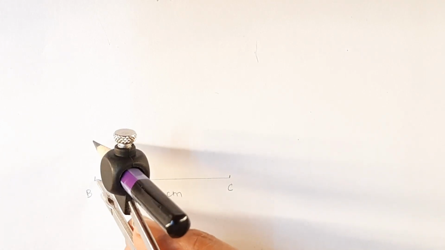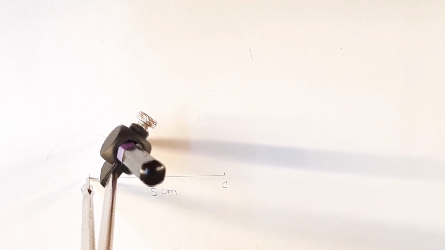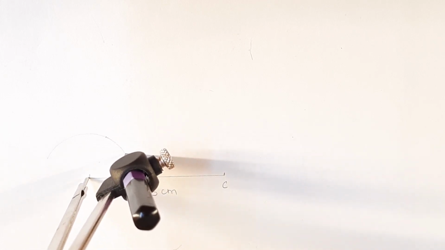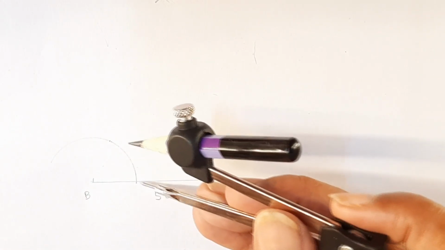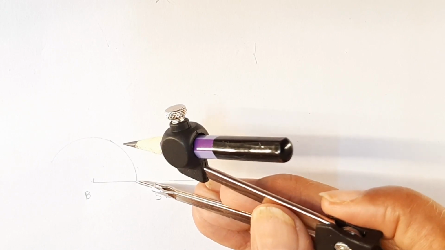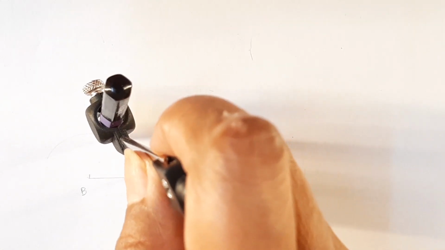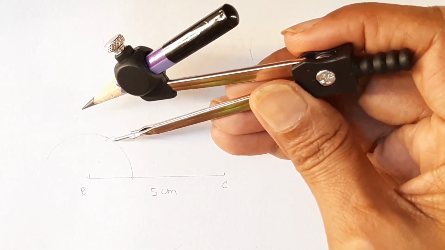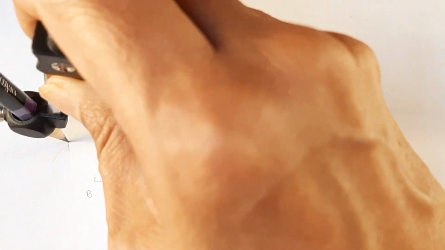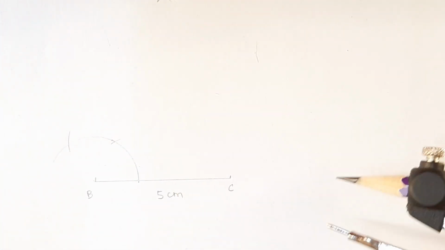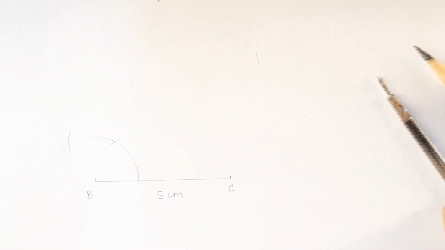So we'll draw an arc like so. Then keep the point of compass here. Draw one arc to make 60 degrees. Then use this point and draw another arc that is 120 degrees.